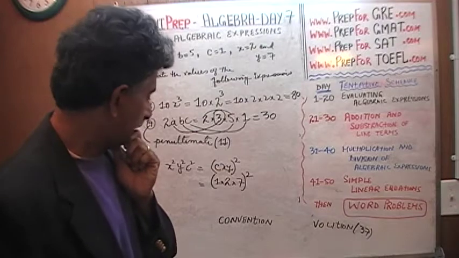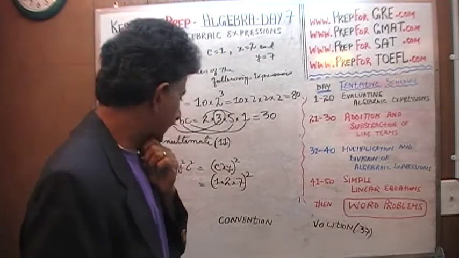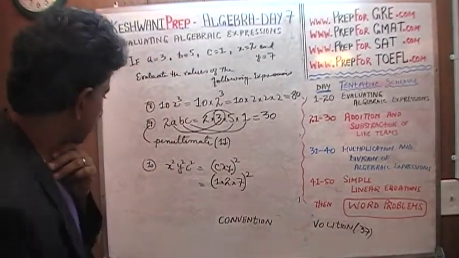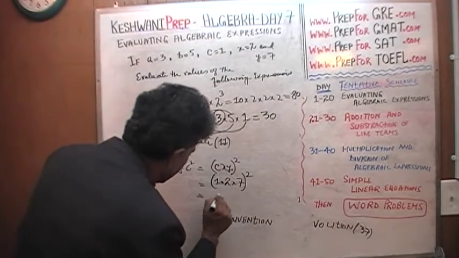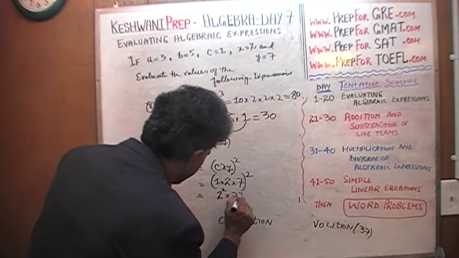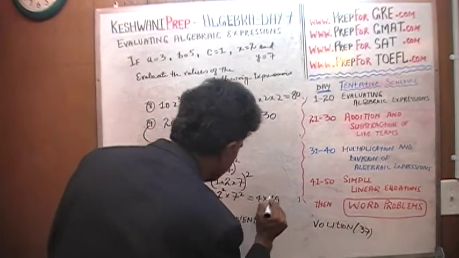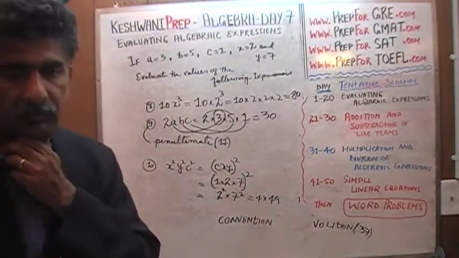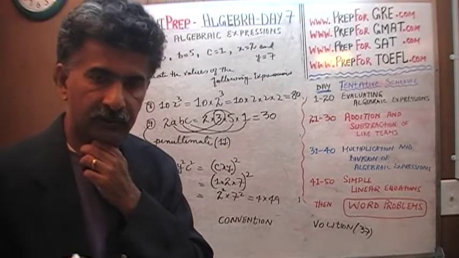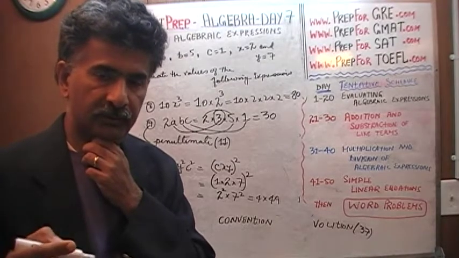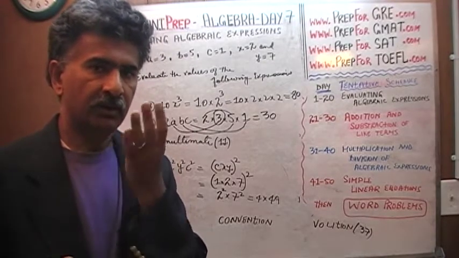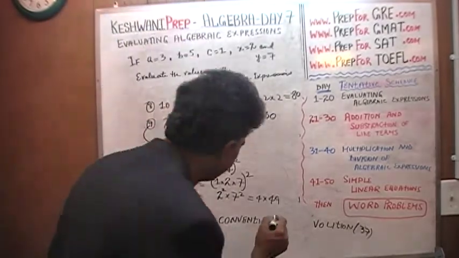Well, I don't know what 14 squared is. So let's just break it up. I'm going to put this as 2 squared times 7 squared, which is same as 4 times 49, which makes it easier for me because we know that 4 times 50 is 200, therefore 4 times 49 must be 4 less than 200, which is 196.